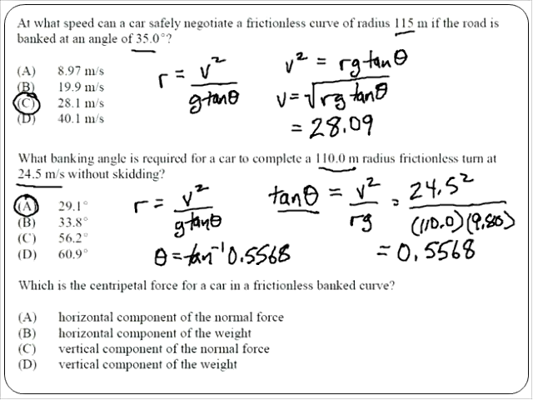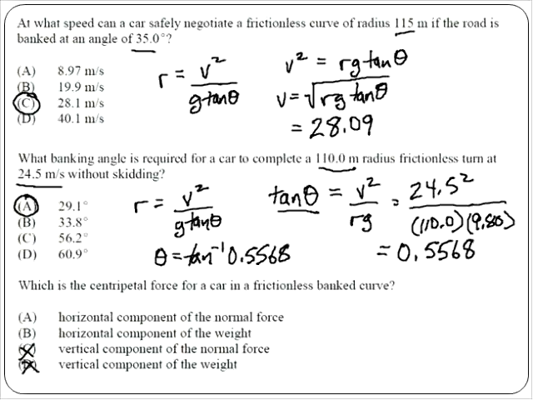Now, this last question was on an old public exam, and that's the reason that I showed you all that stuff about where the formula comes from for banked turns. Because if we hadn't gone through that, you wouldn't have known the answer to that question. So remember now, the centripetal force, because it's horizontal circles, we can eliminate the vertical components. Cars don't move vertically, they move horizontally.